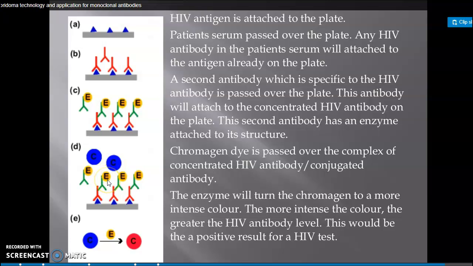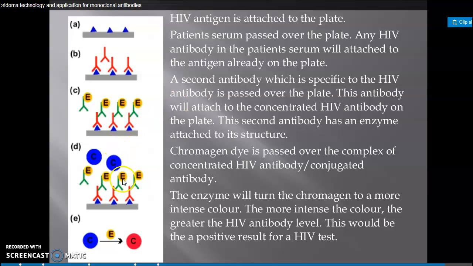If the enzyme is present, that shows that it is bound to the plate. Otherwise, if the patient's blood does not have the HIV antibody, there will be no red color. And if the red antibody is not there in immobilized condition, even if I add the green one, it cannot bind. That means it will be washed off.